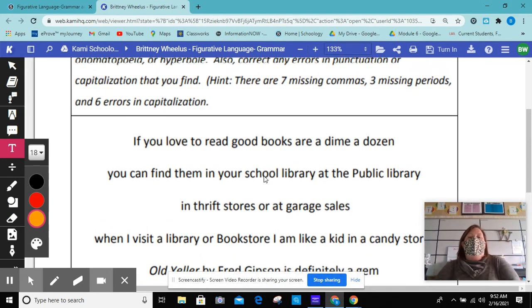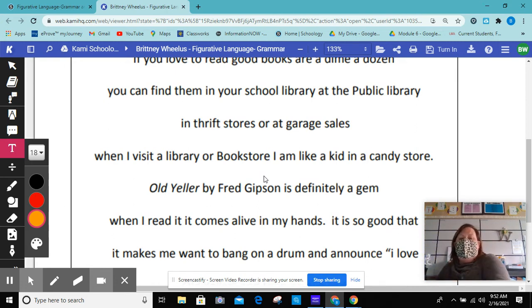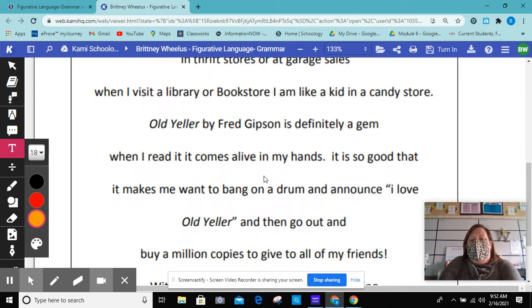All right, so if you love to read good books, good books are a dime a dozen. You can find them in your school library, at the public library, in thrift stores, or at garage sales. When I visit a library or bookstore, I am a kid in a candy store. Old Yeller by Fred Gibson is definitely a gem. When I read it, it comes alive in my hands.